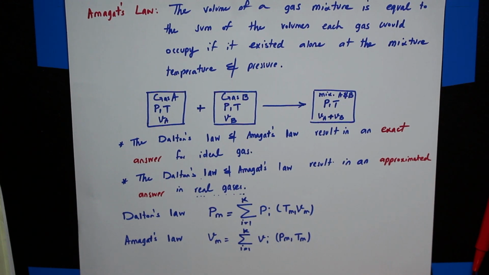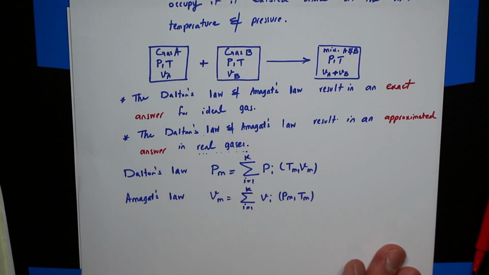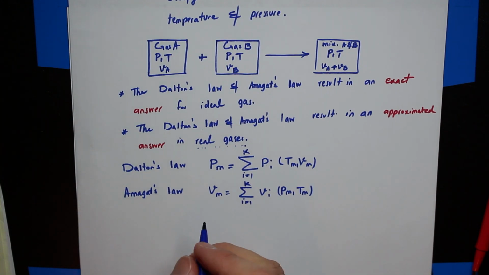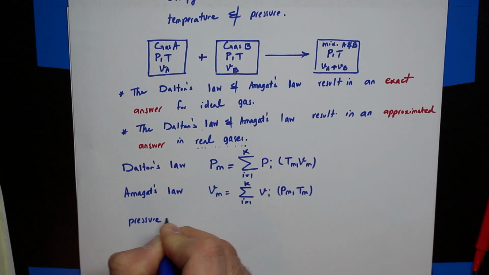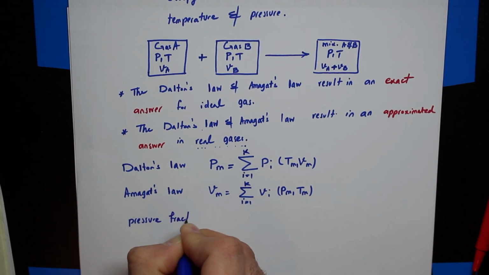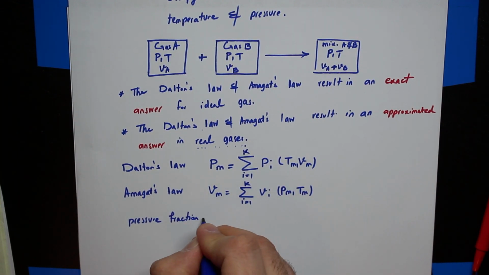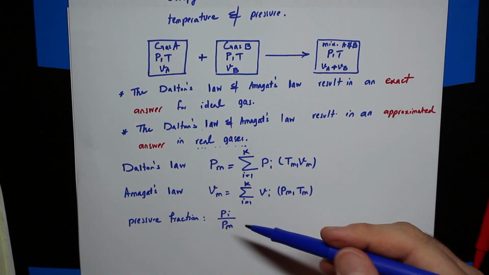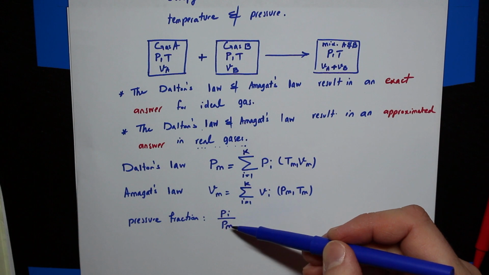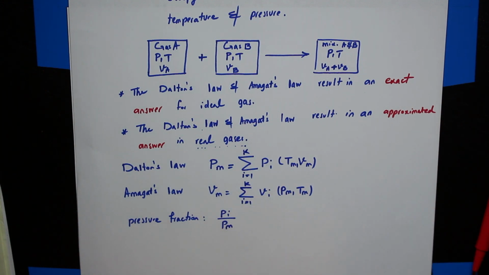Now we have two definitions or two properties. One property is called the pressure fraction, and that is shown by Pi over Pm. Pi is the pressure of one particular component and Pm is the pressure of the mixture.